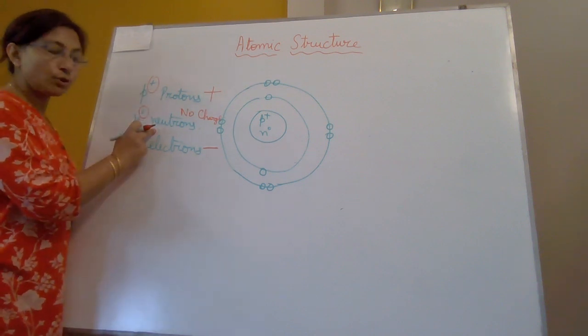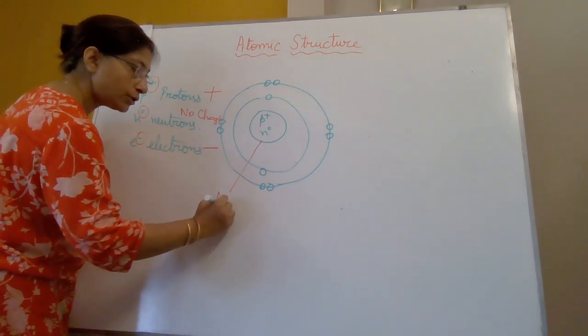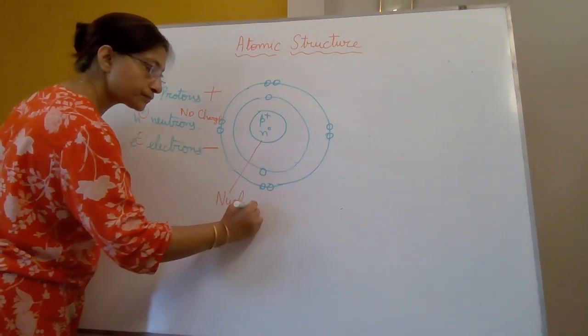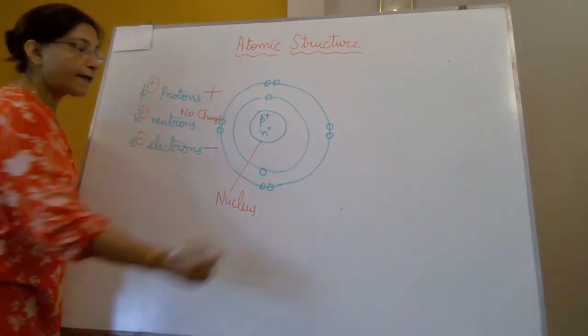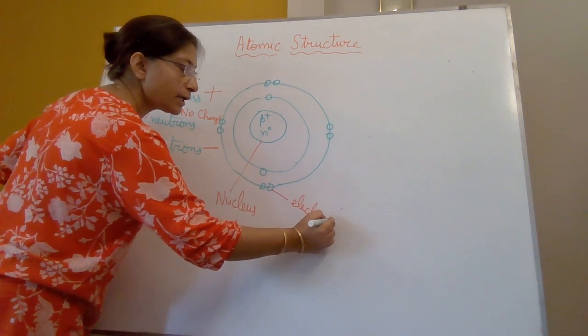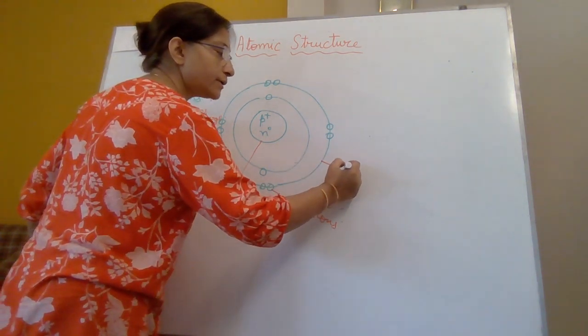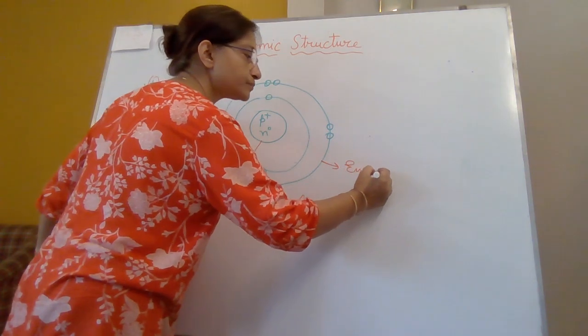The protons and neutrons are present inside the nucleus, and the electrons are present in the orbits or the energy shells.